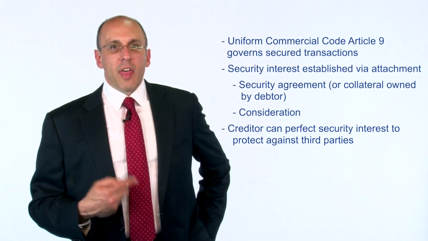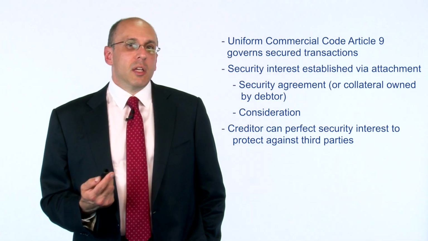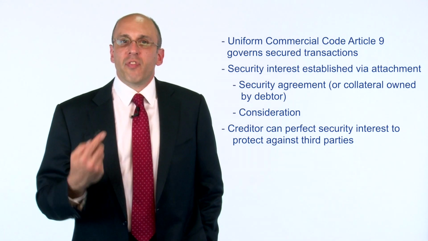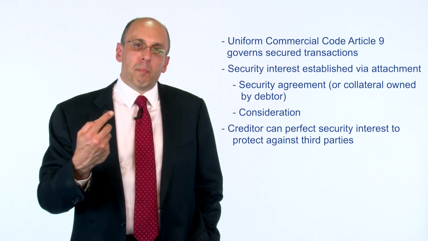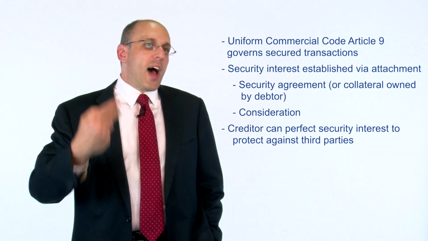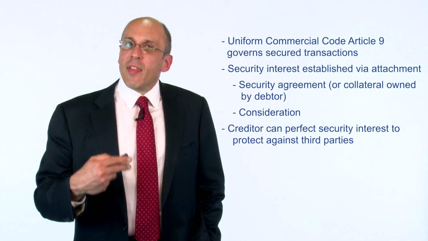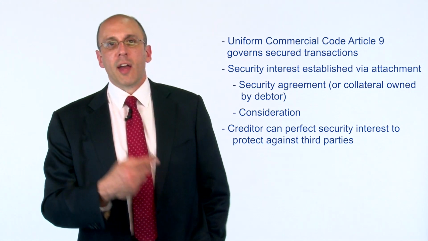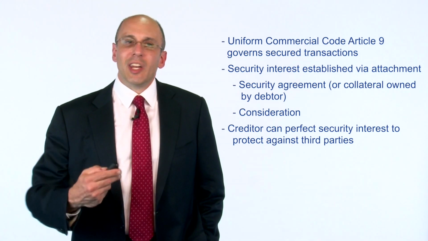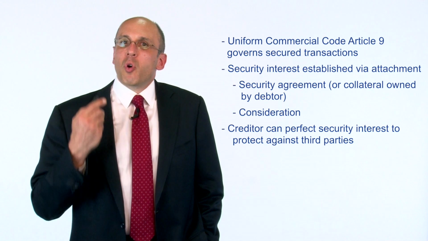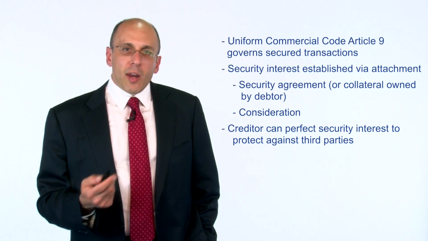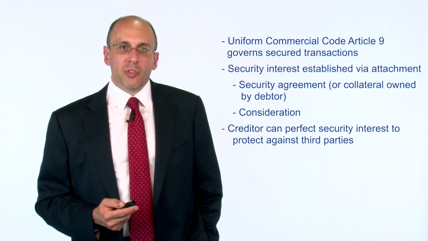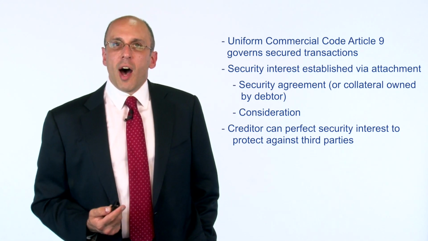Then the security interest is perfected, so the creditor files a financing statement, and that financing statement describes the collateral, describes the creditor's security interest, and it gives the creditor primacy in the event that the debtor goes bankrupt. The creditor has sort of first dibs on that secured property.